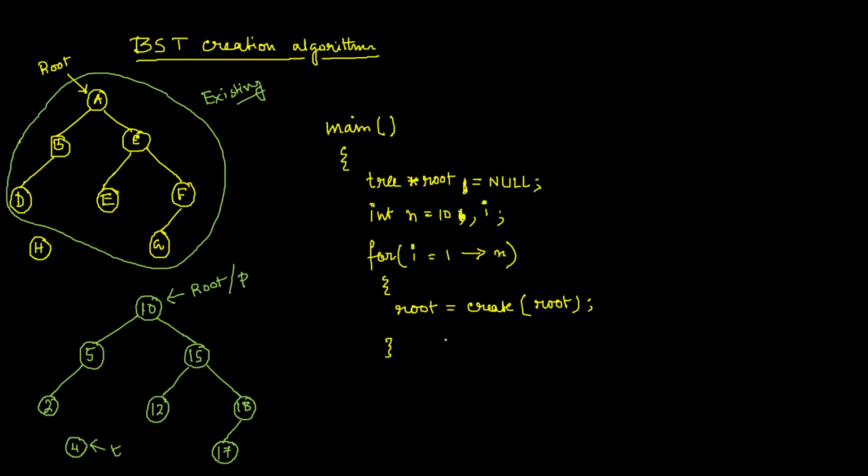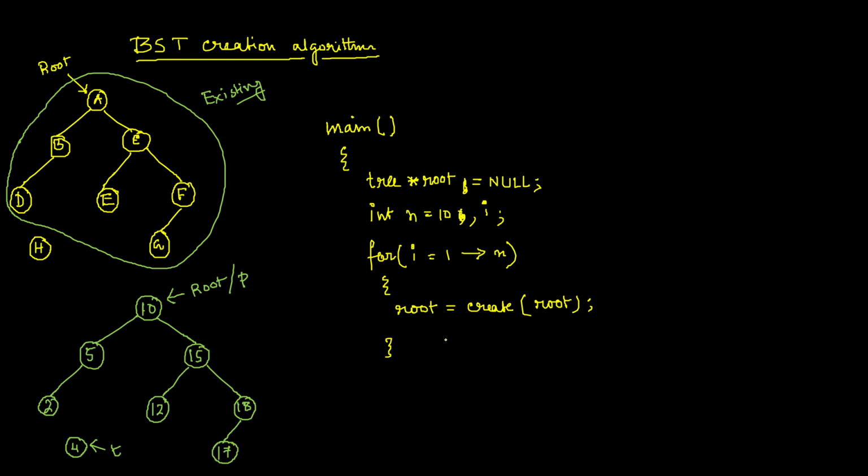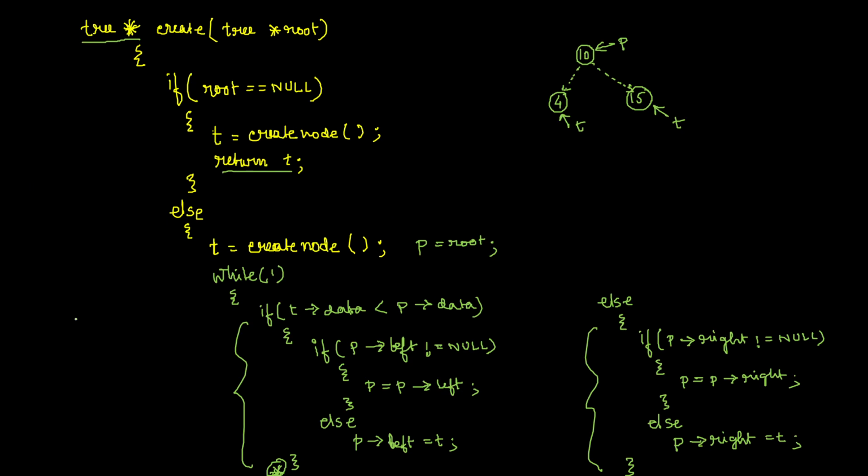Yes, P left is not null because 10 left already contains 5. So P equal to P left. So P will now point here. Loop will run again because this if and else are present under while.